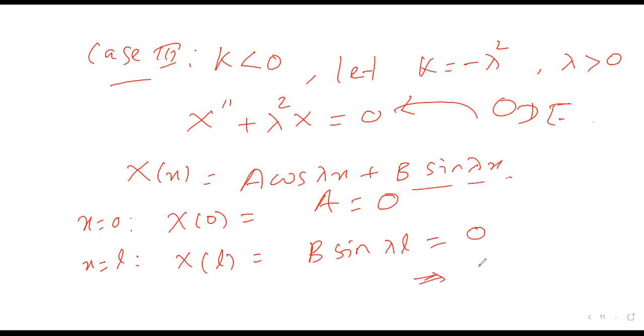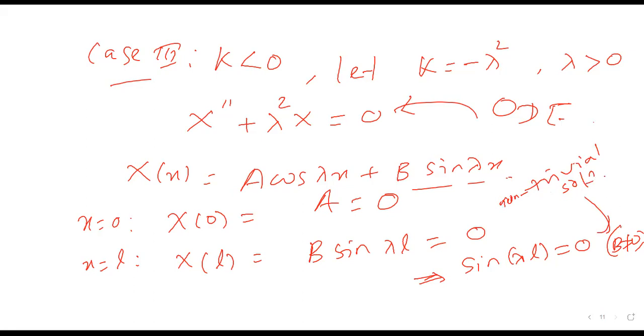For a non-trivial solution, I am choosing B not equal to 0. Trivial means we don't have a solution, no? So non-trivial solution, I am choosing B not equal to 0. Therefore, I am taking sine lambda L equal to 0.